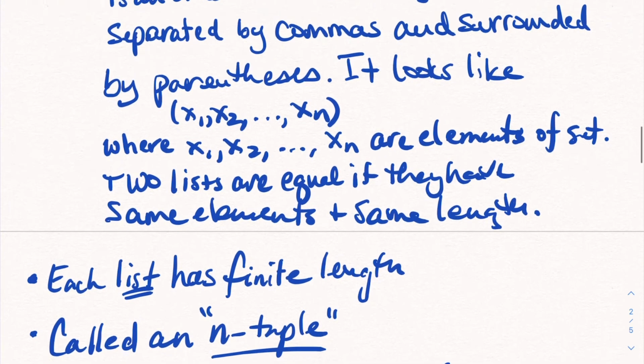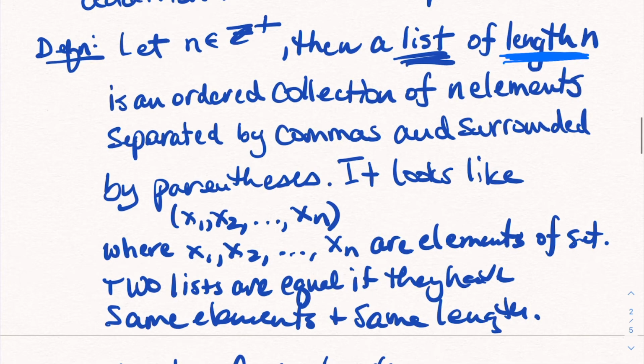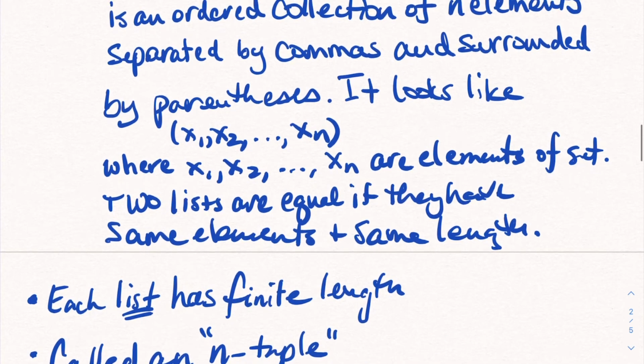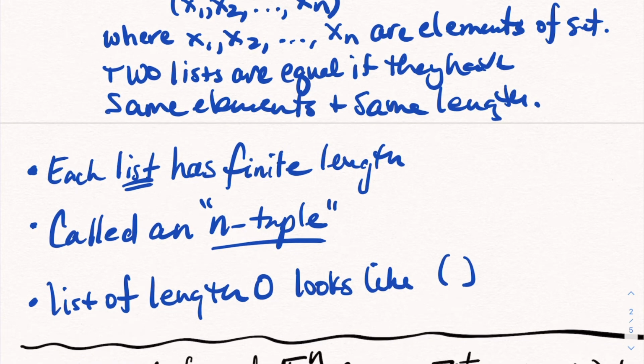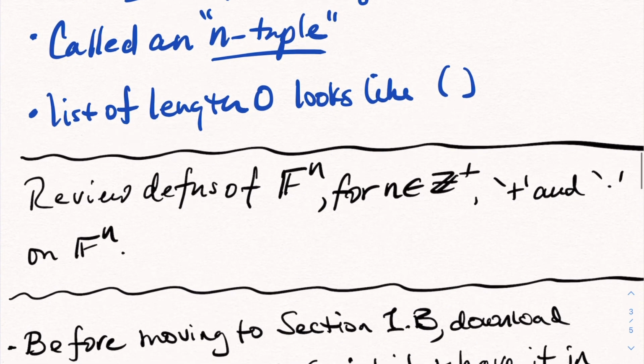In particular, notice in the definition, the n here was a positive integer, so that means it's a finite integer. So each list has a finite length, and often a list of length n is called an n-tuple, and you probably remember that from another class as well. The other thing is that a list of length 0 is denoted with these empty parentheses. That will be important a few times when we're going to make some distinctions in the class.